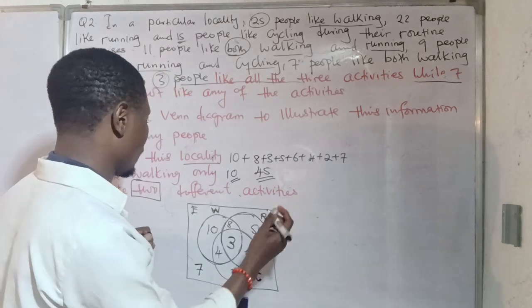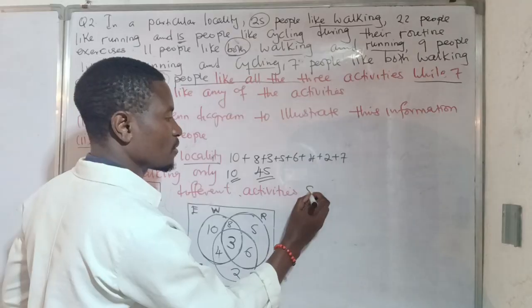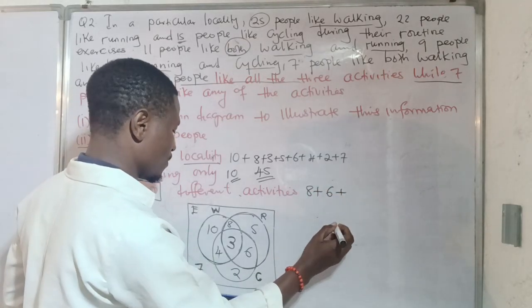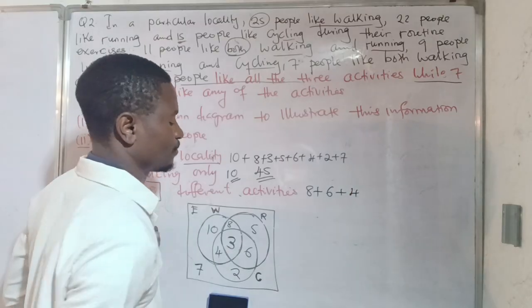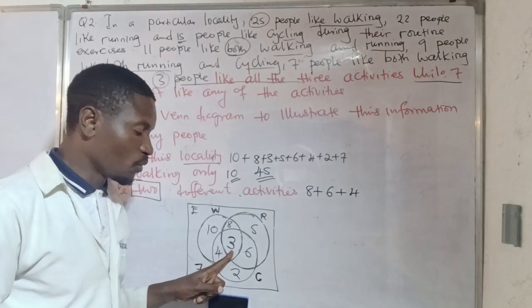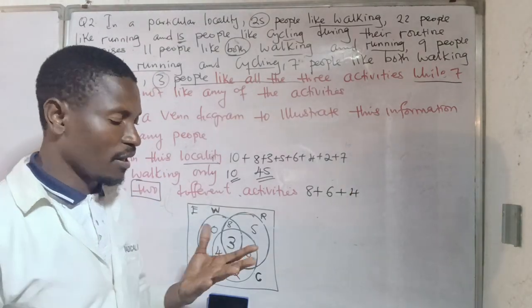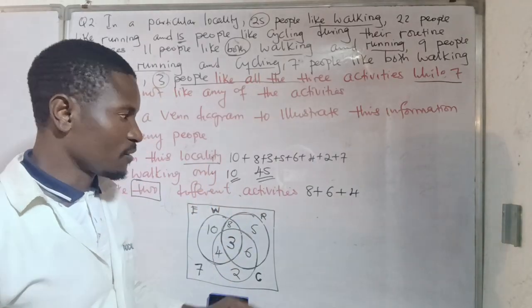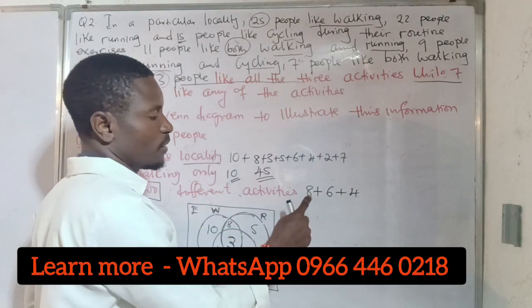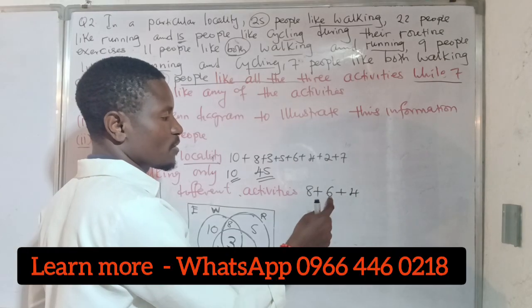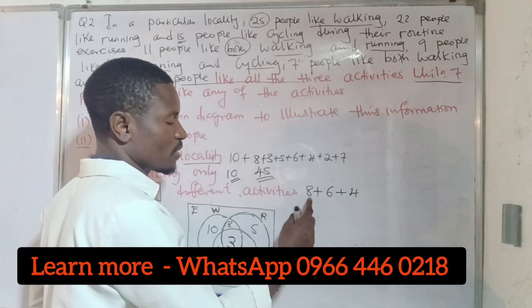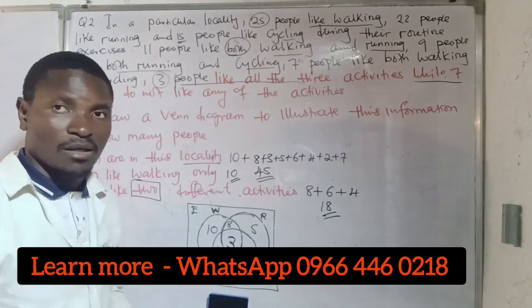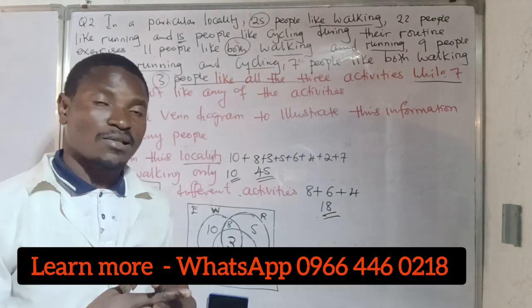So it is 8 plus 6 plus 4. You should not include the 3, because the 3 implies all three activities. So 6 plus 4 is 10, plus 8, that is 18. This is how you can answer this question.